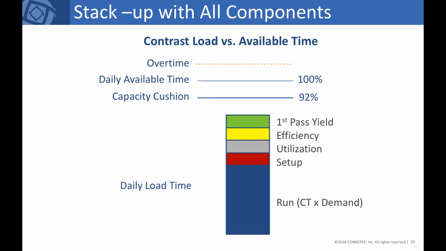And then at the top, you see 3 different availability lines. We start out with the middle one. That's 100% theoretical capacity, so available time. And then we have an 8% cushion here, so the capacity cushion. And then you see some hypothetical overtime percentages, because we have a large block of overtime planned for some extended period of time.